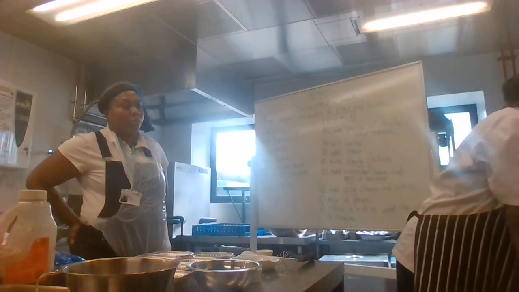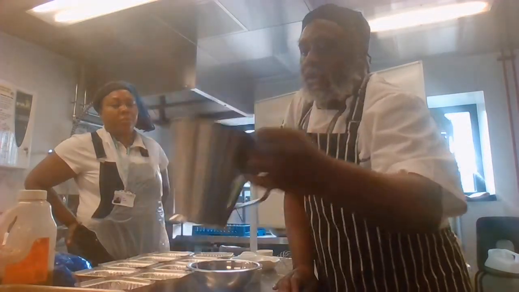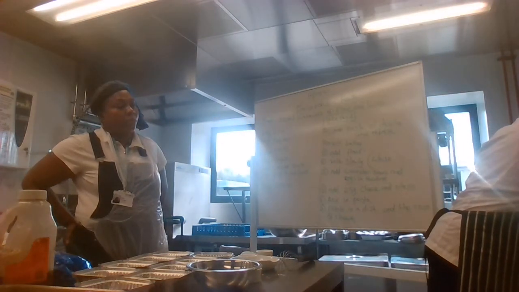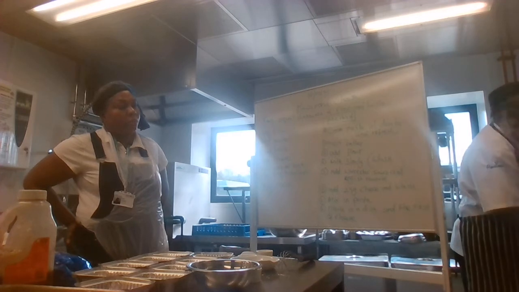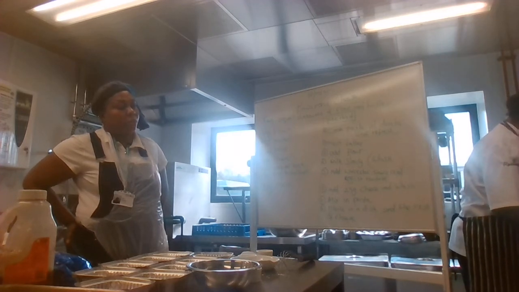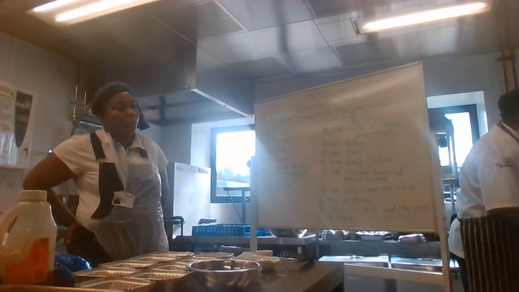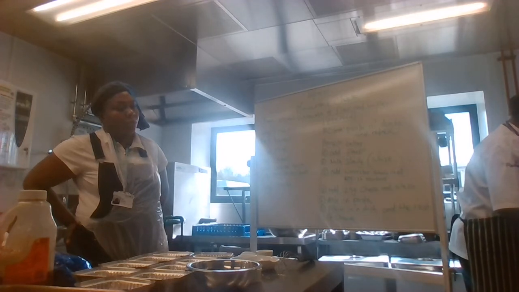Then, if my measurements are correct, it should take a little at a time. And you start to stir. Once the butter and the flour soak up the milk, swap over and start to use a whisk. That way you get rid of any lumps.